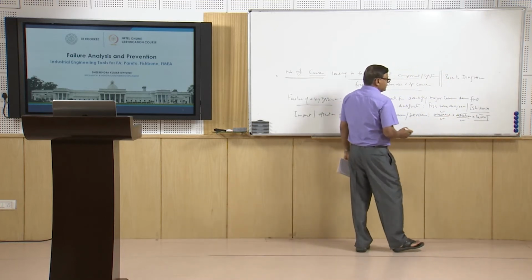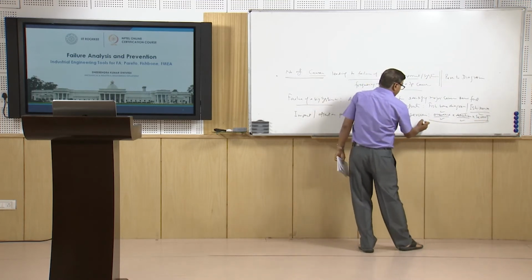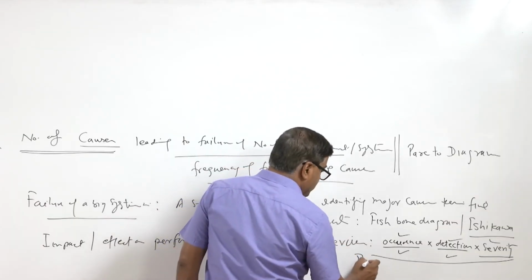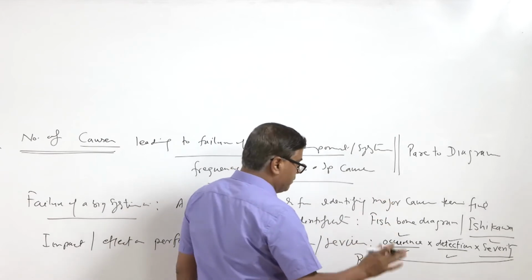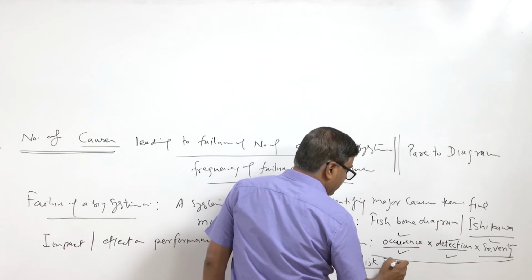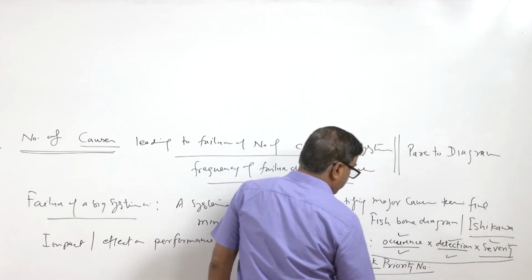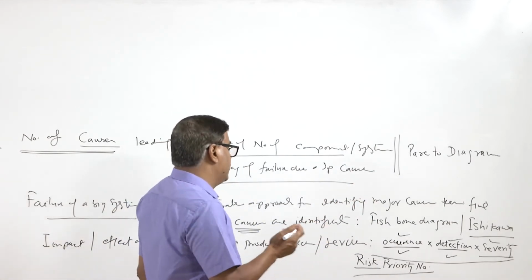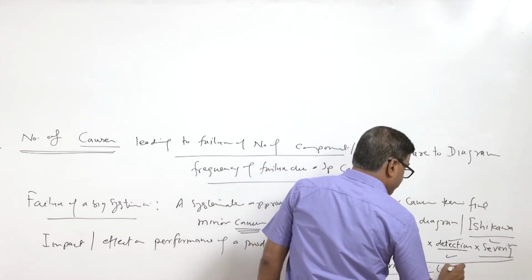takes place. So, this will help us to find out or prioritize the risks associated with the particular component or the subcomponent. So, this helps to identify the risk priority number for a particular product, more commonly known as RPN.